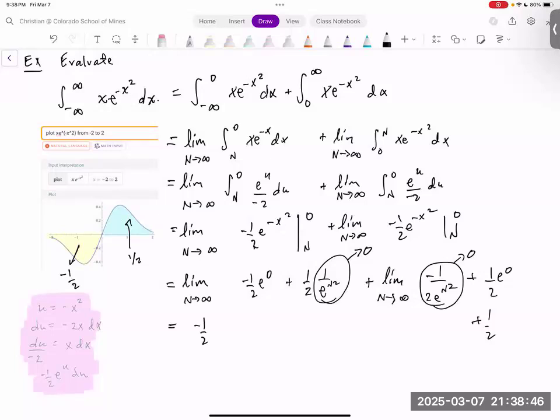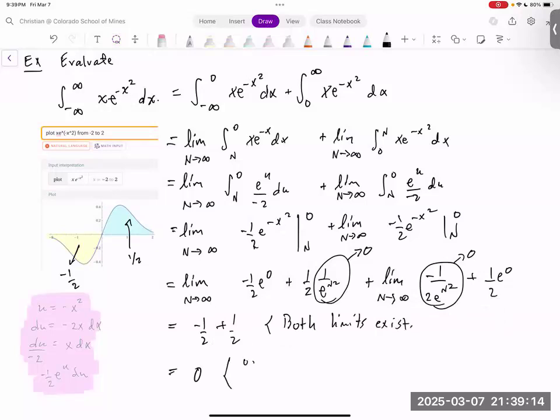So if we bring those together, we have the 1/2 plus a negative half. Both of our integrals converged, to a negative a half and a plus half. Together, they converge to 0. And the limit converges. So let's see, both limits exist.